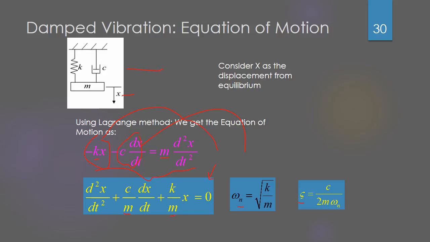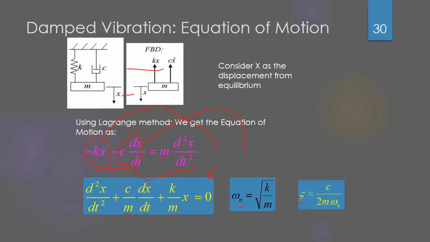And as I have said earlier, omega n is root of k by m, and zeta is equal to c over 2m omega n. C is the damping coefficient, m is the mass, and omega n is the natural frequency.